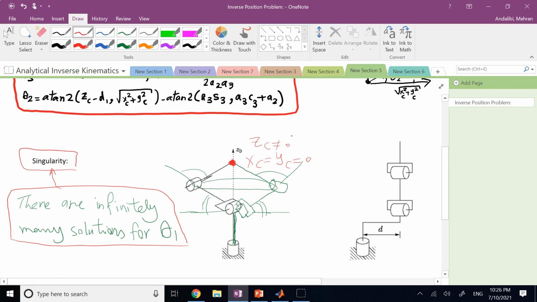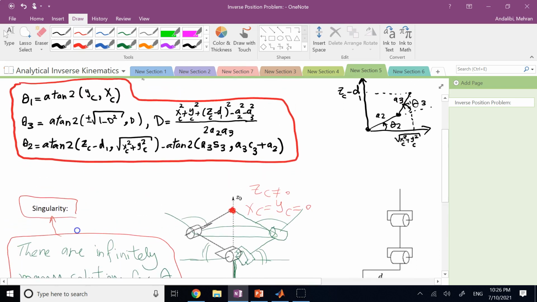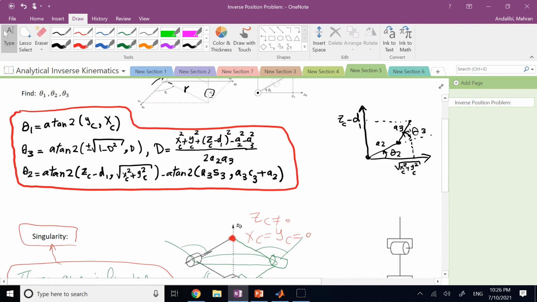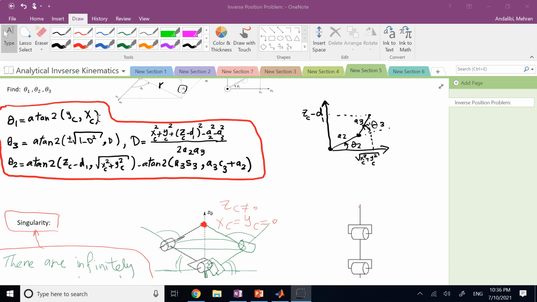You can clearly see that if you look at the formula for theta 1, it is going to be arctangent of 0 and 0, really, which is ambiguous, right? Because there is no angle for which we have both sine and cosine to be 0. So this formula is not going to give you anything about theta 1.